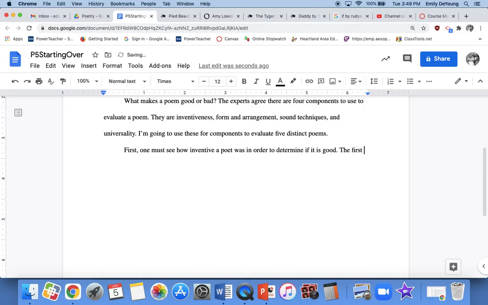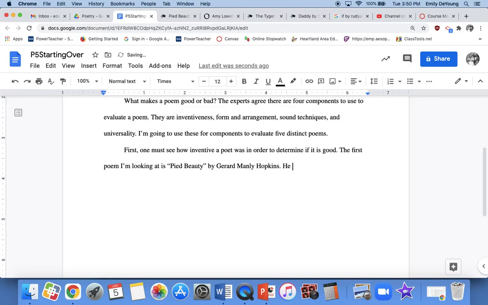The first poem I'm looking at, and I really don't like writing this way, but like I said, it's your own opinions and things, is Pied Beauty by Gerard Manley Hopkins.